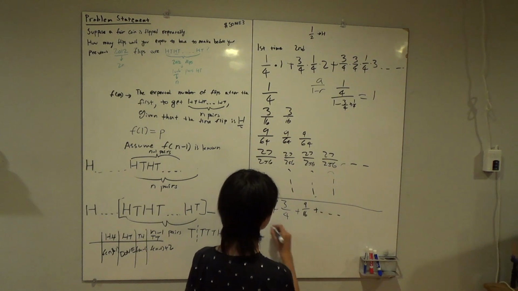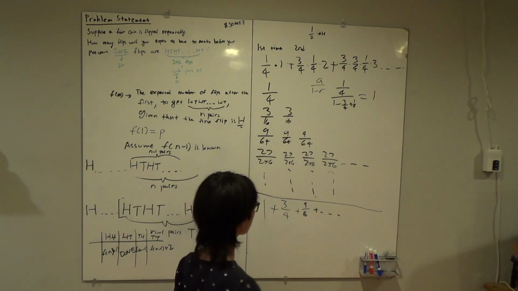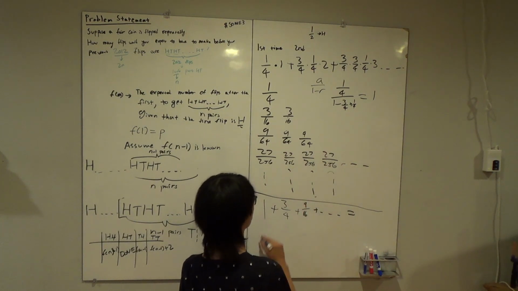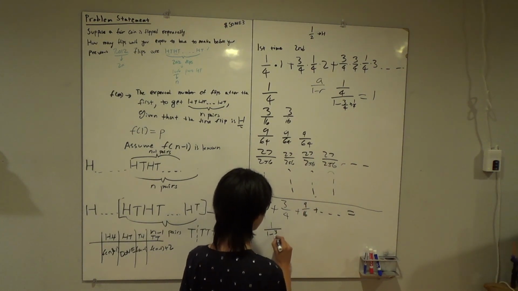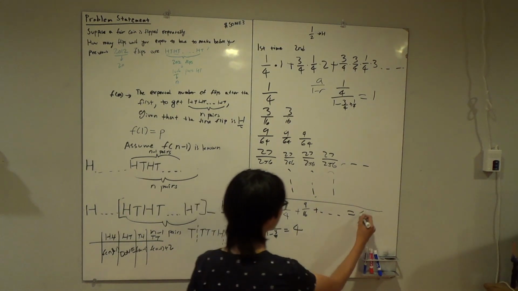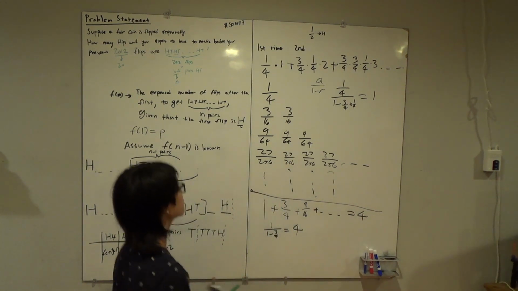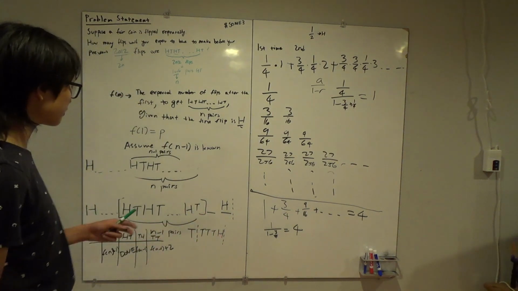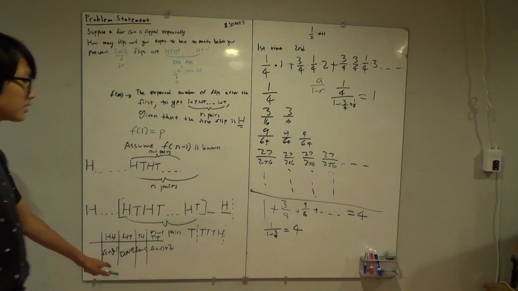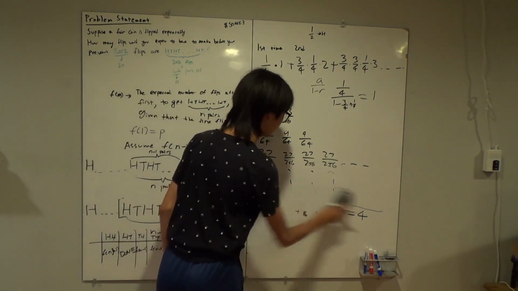And in general, this is always times 3/4. And if we use the formula we just used up here, we will get 1 over 1 minus 3/4. That becomes 4. So, as our intuition might tell us, on average, we'll have to reach the state 4 times before we successfully reach the f of n state.